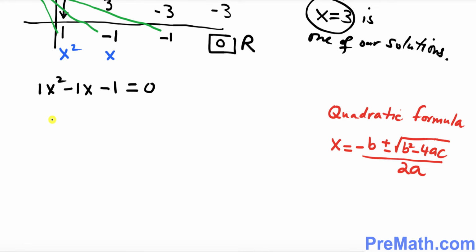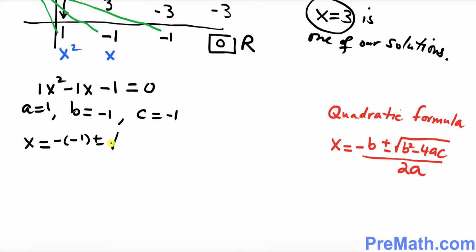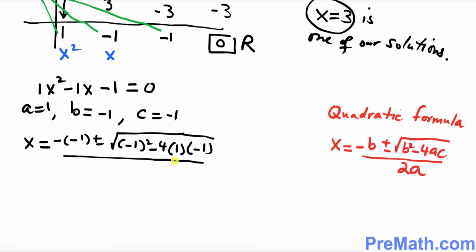Now we're going to use this quadratic formula that you can see on the right hand side. In this quadratic equation, a equals 1, b equals -1, and c equals -1 as well. So x equals minus b, meaning negative times -1, plus or minus the square root of b squared, which is -1 squared, minus 4 times a, which is 1, times c, which is -1, divided by 2 times a, which is 1.